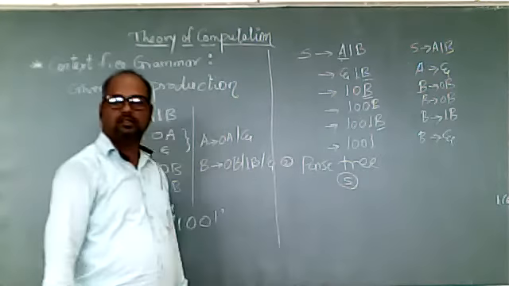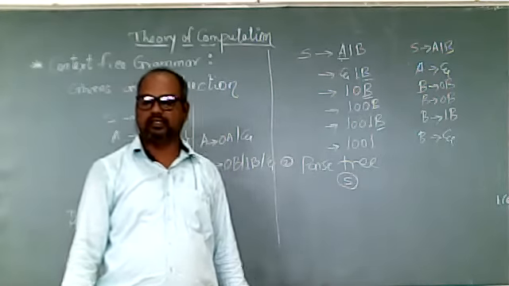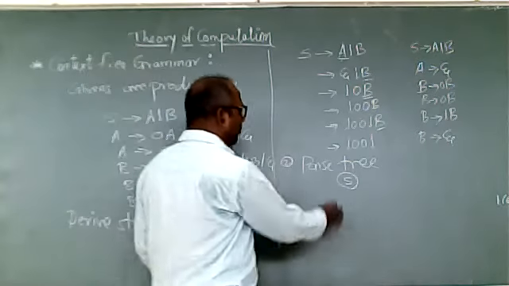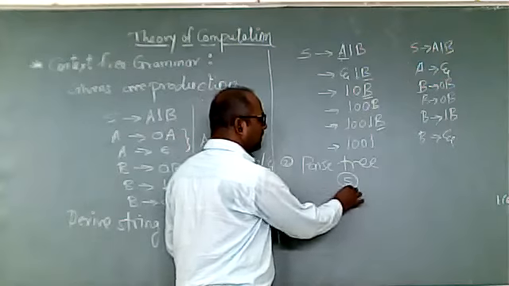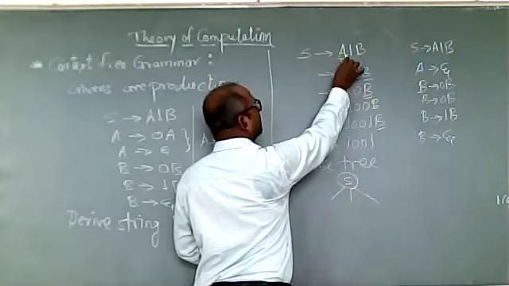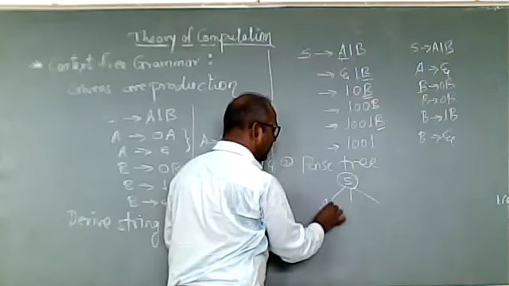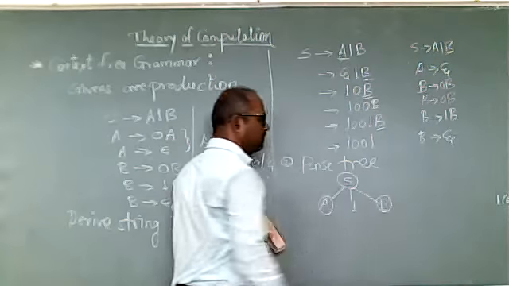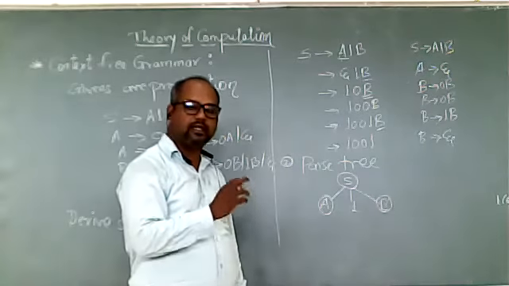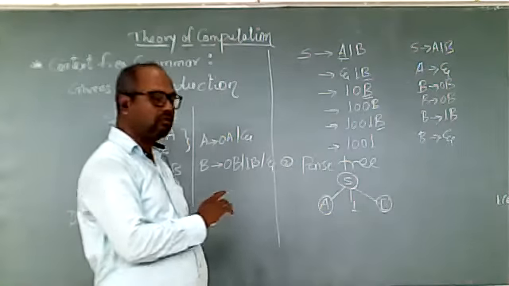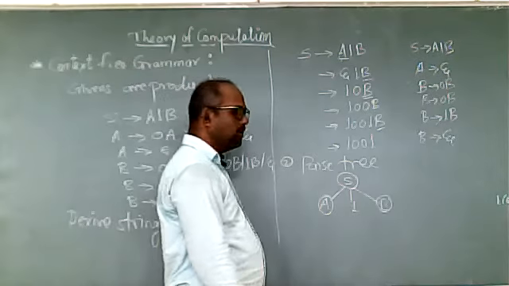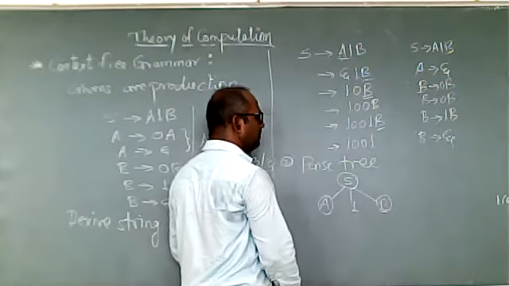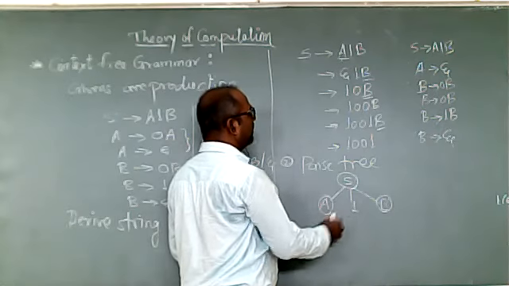We have started with S, the starting symbol S. After that, S I have produced with A1B. A is a variable, 1 is a terminal, B is a variable. I am writing variables in a circle with a capital letter, just to segregate between variables and terminals.